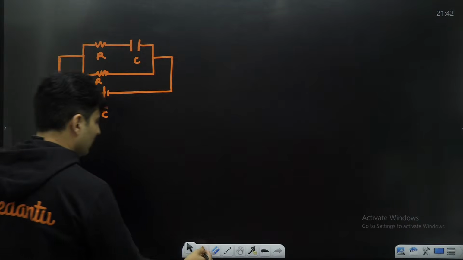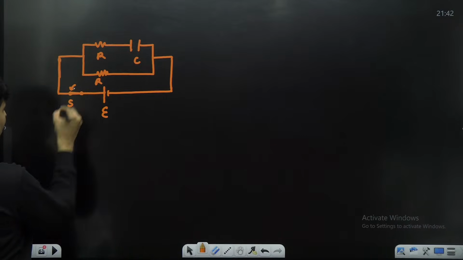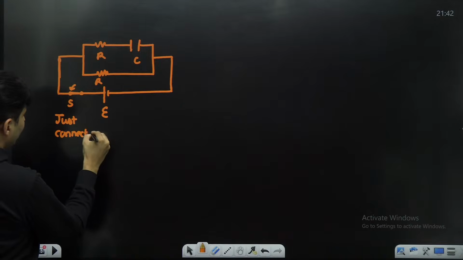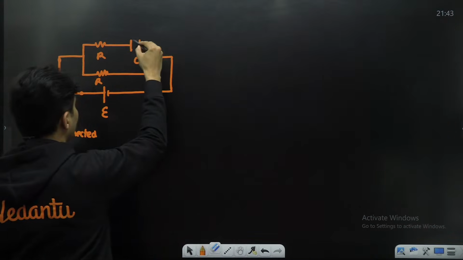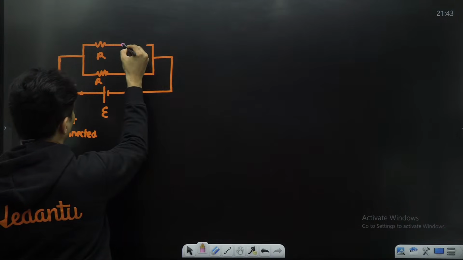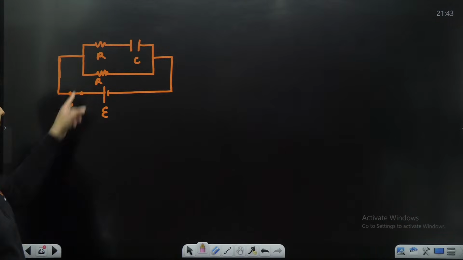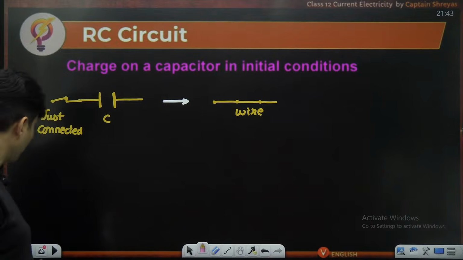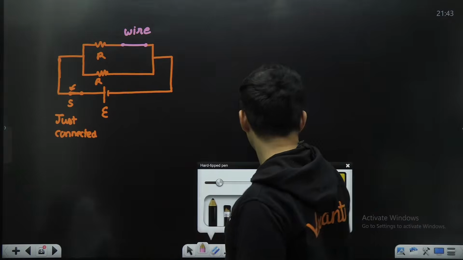When you just connect this switch, what did I say? When it is just connected, wherever there is a capacitor, forget that there is a capacitor and just replace it with a simple wire. That is how it looks when it is just connected. I gave you the theory right over here. So now this looks like an easy problem to me. These two resistors are in parallel.